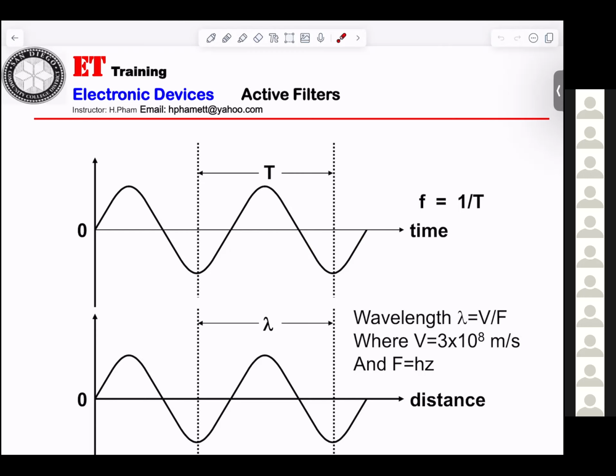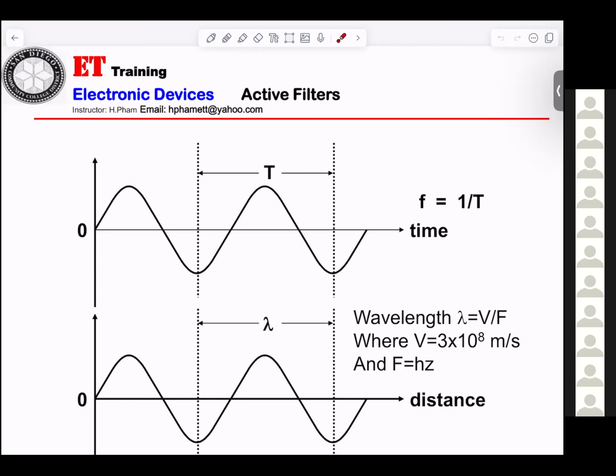So, if they asking you, can we measure the frequency on the oscilloscope? Who know the answer? Yes or no? No, you can't measure the frequency. You can only measure time. And through the formula, that's how you get the frequency.